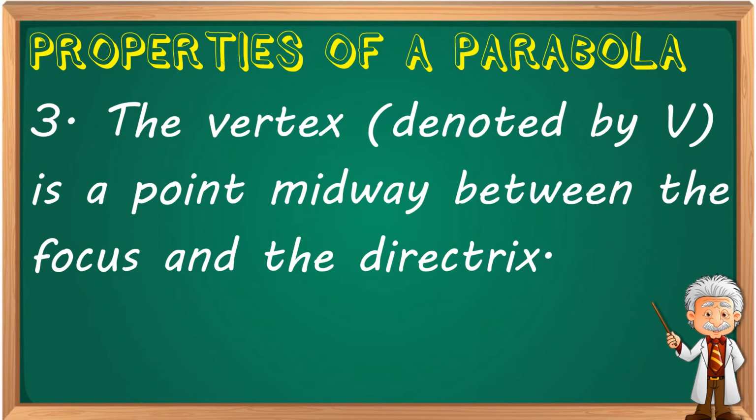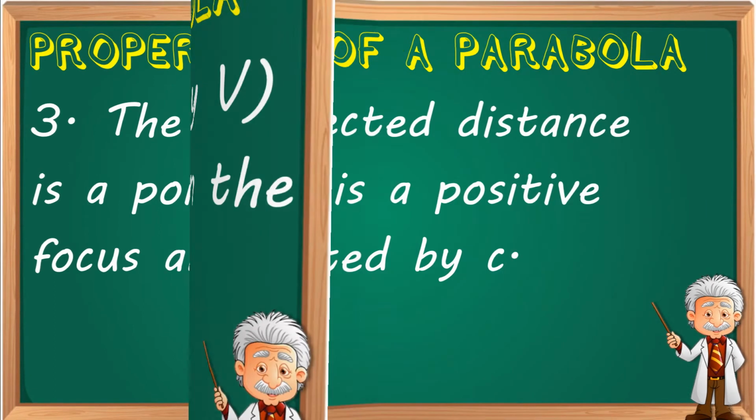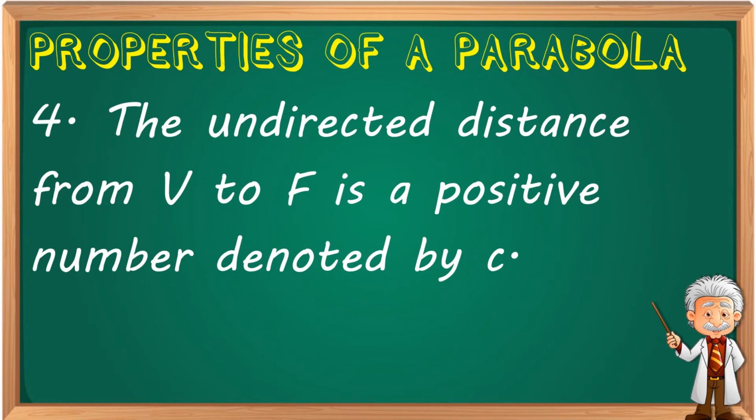So, tatandaan ito ha, si vertex palaging nasa gitna ni focus at ni directrix. The undirected distance from V to F is a positive number denoted by C. Remember this, there is no negative distance. So, kahit makuha mo dun sa formula or makikita mo dun sa formula na may negative, palagi pa rin positive si C.